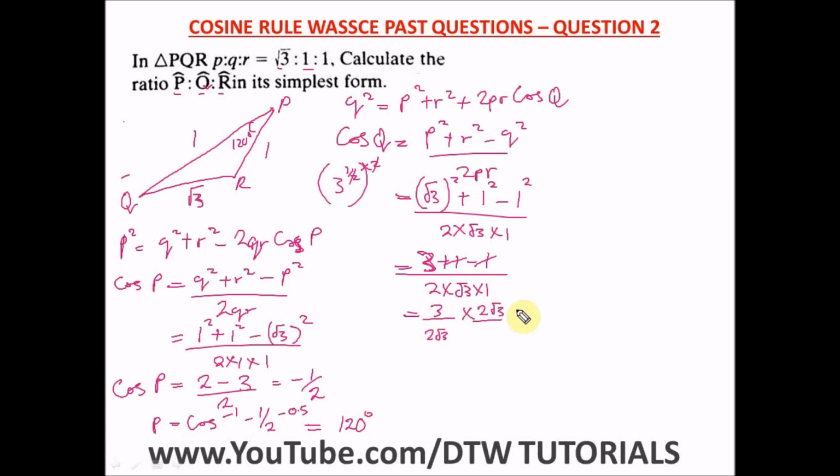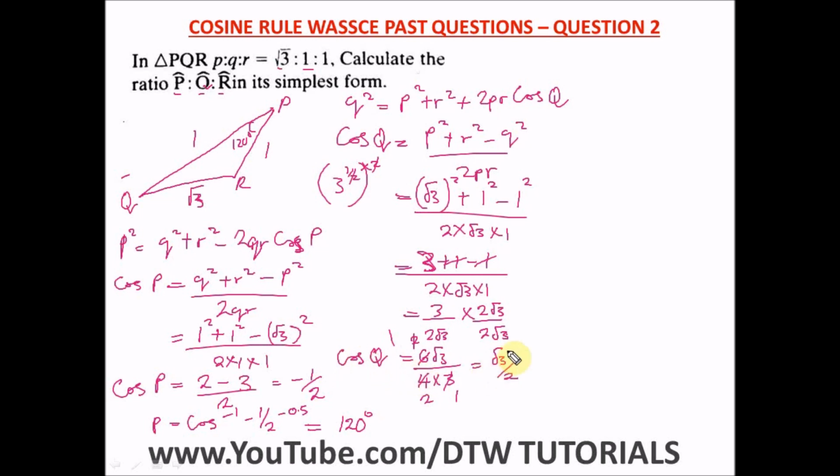Here we have 3 root 3 over 2 times 3. 3 in 3, how many times? 1. So we're left with root 3 over 2.